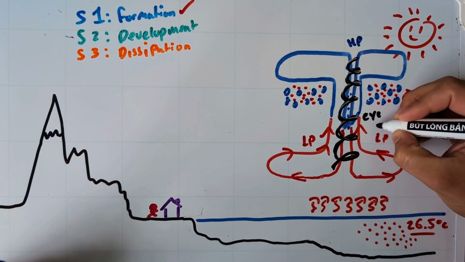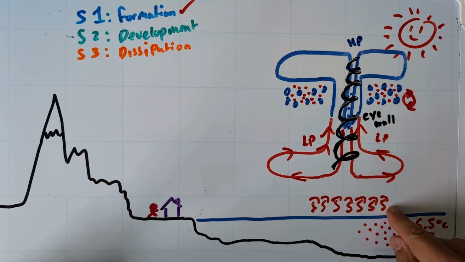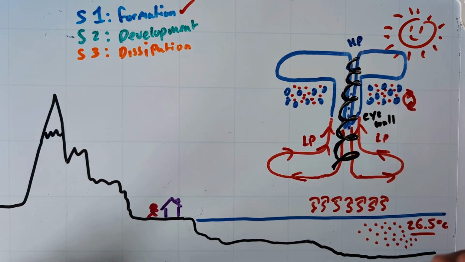The eye wall is the most intense area of the cyclone, the highest winds and highest precipitation, okay? So we've got the Coriolis effect, we have rising air, we have falling air, we have high pressure, we have low pressure, we have evaporation, and we have condensation. Again, we're kind of getting to the key bits of this.